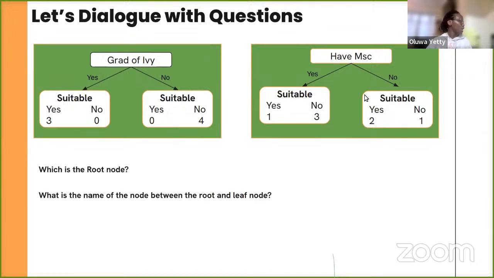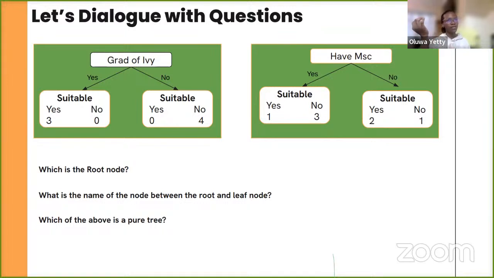What's the name of the node between the root and leaf node? I think this one was just to bring confusion, but we really don't have any node per se, because this is the root node and this is the leaf node. So we don't have any nodes between them, just branches.